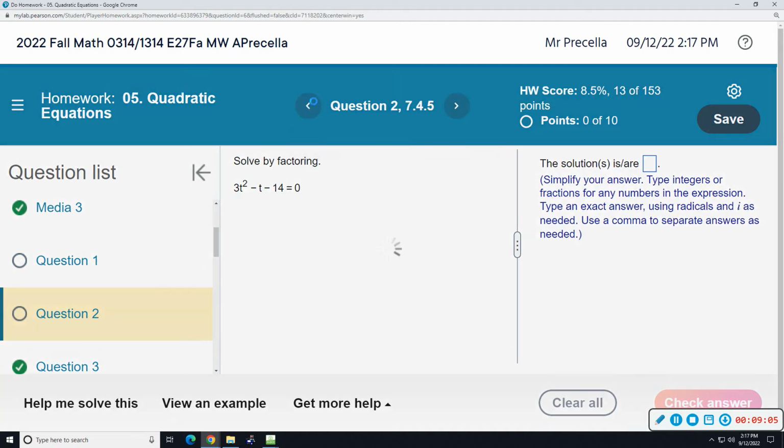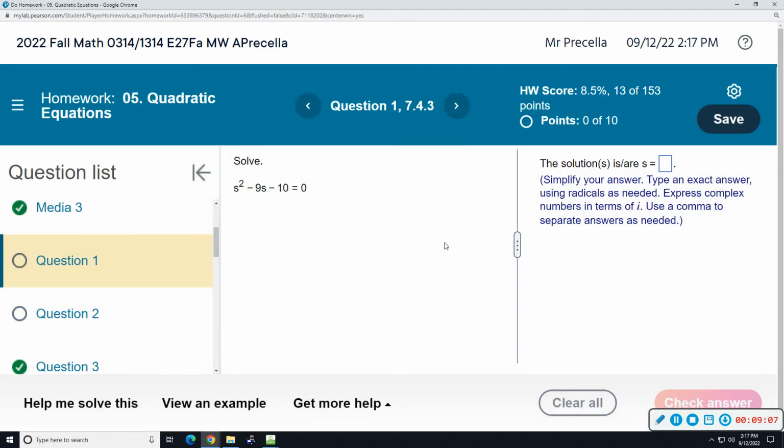I can't control the instructions, but this is solve by factoring. S squared minus 9s. I've got to be careful with my writing, because an S looks like a 5. There's no 95 on this problem. Okay, it's S squared minus 9s minus 10 equals 0.